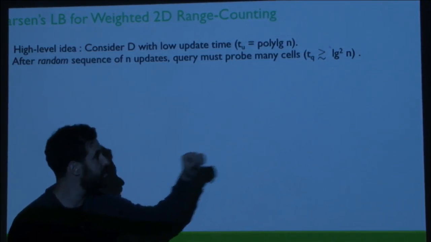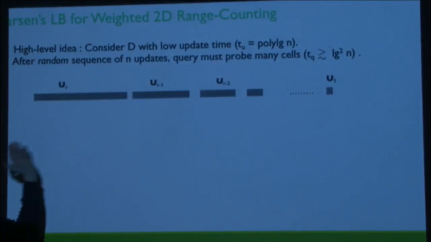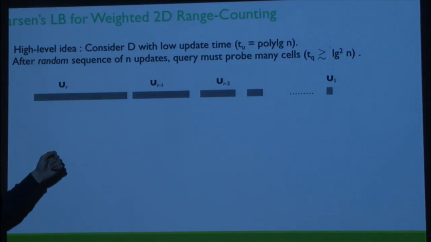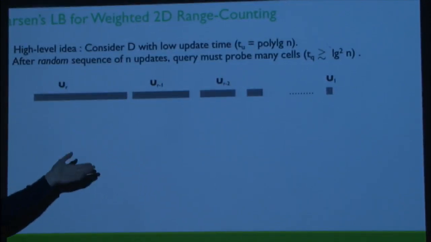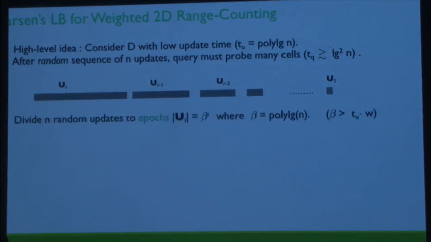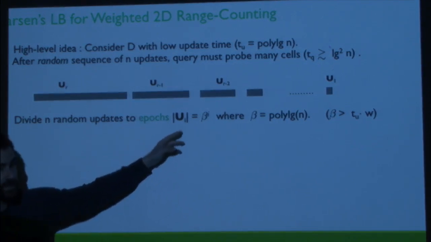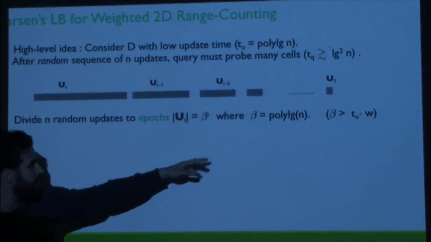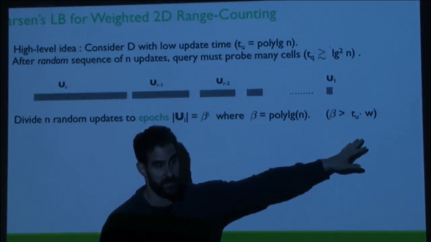All right, so the first step in this proof is to divide the sequence of updates, these online n updates followed by a query, into geometrically decreasing consecutive intervals, where the size of each interval, the ith interval, is beta to the i for some beta which is polylog n, and it is comparable to the update time in the word size.